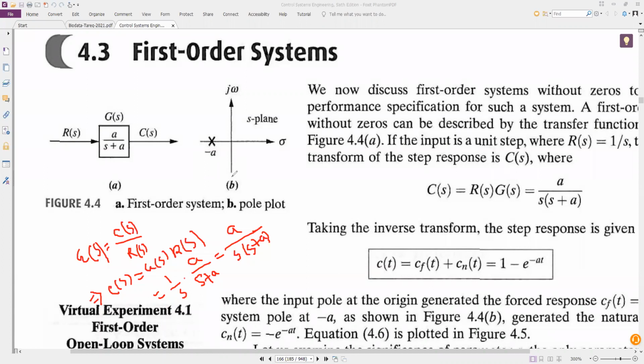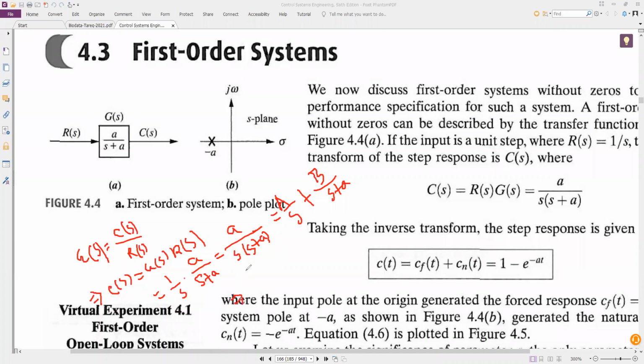Now you need to solve it by partial fraction. So you can write it in two parts: A divided by S plus B divided by S plus A. We are taking the partial fraction.